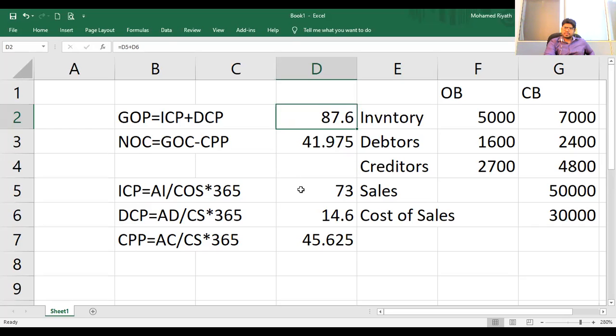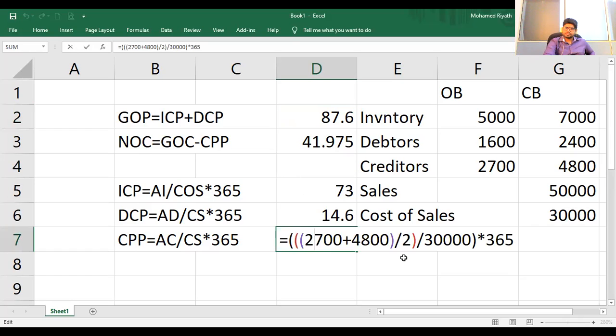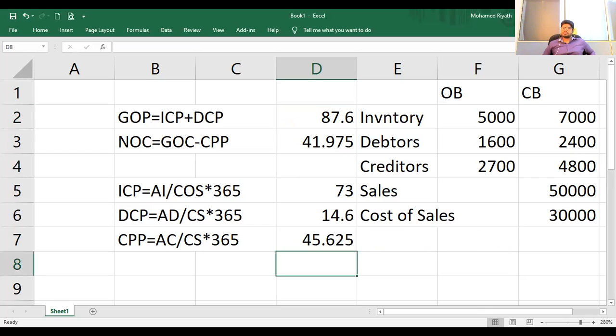Then what do you mean by this 45.625? It's what? Total time for paying. Yes, good, very good. We purchase inventory on a credit basis, and we have to settle the money to our suppliers.